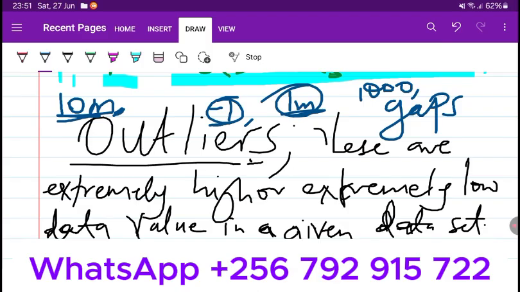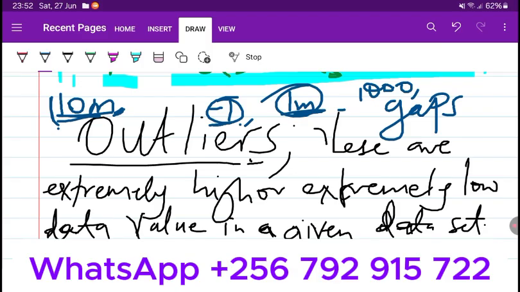So the conclusion that we draw from such a data set that contains outliers is that in terms of making computations, like finding the mean, if I look at the mean of something that has 10 million, the next value is 1 million, then 1,000 and -1, you'll find that the mean is going to be a figure that is also far away from these other values, because these outliers are causing the mean to be high even when it wouldn't be.